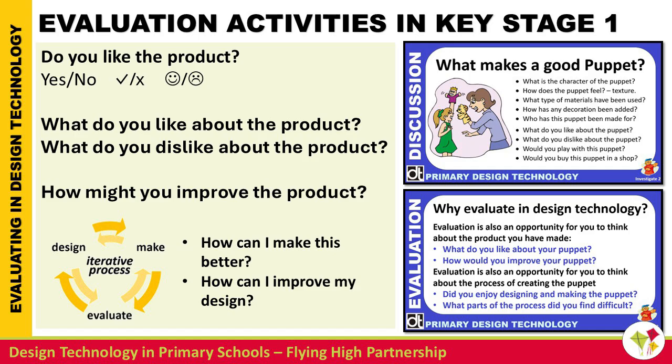At the end of the project, having designed and made their own puppet, they return to these specifications and evaluate their puppet against them. As children progress through the curriculum, taking part in evaluation activities, they should be reminded of the iterative process of ongoing evaluation when designing and making, instilling the mindset of how can I make this better.